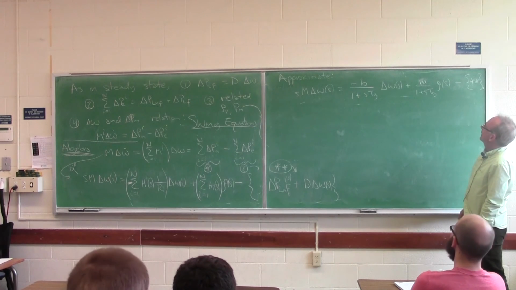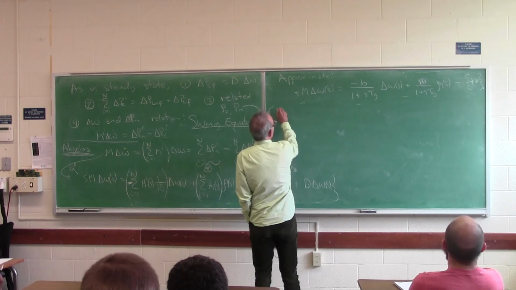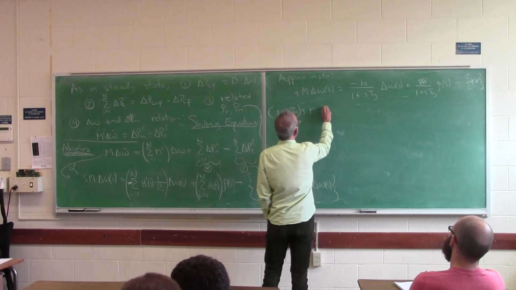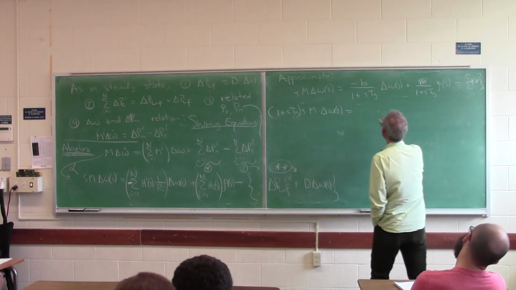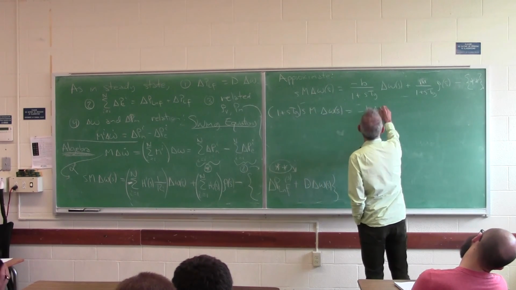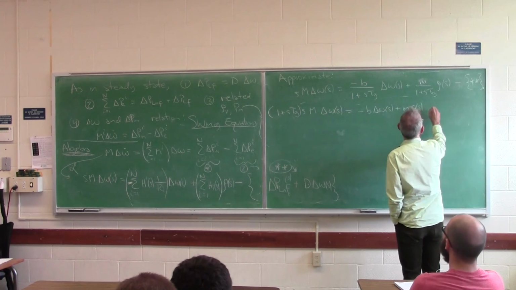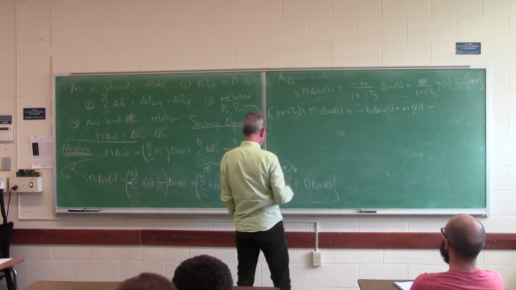And I guess we should do it. So first of all, we're going to get a 1 plus S Tg times S times M. And I'll get a minus B, and then I get this.